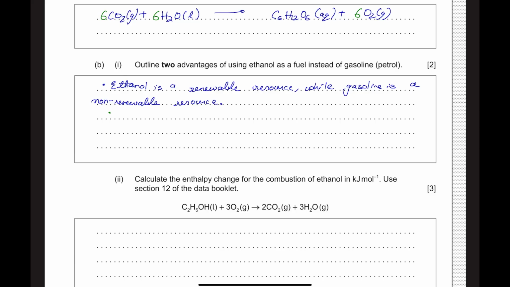Gasoline contains sulfur, which is responsible for acid rain.